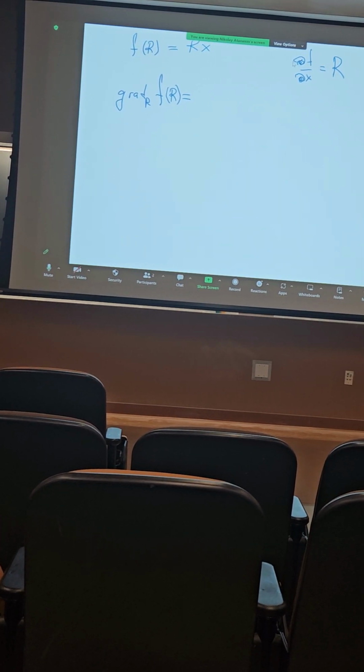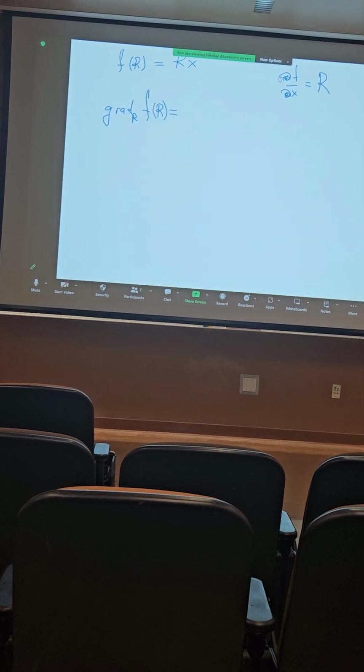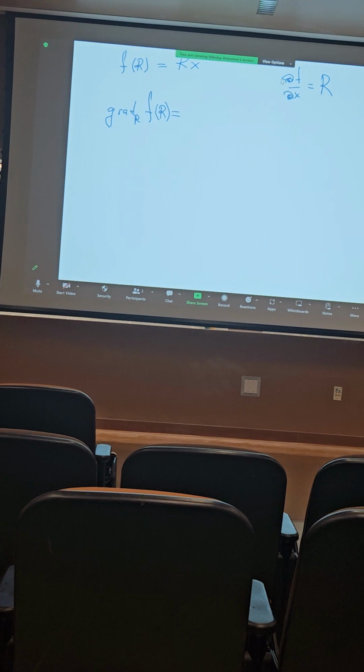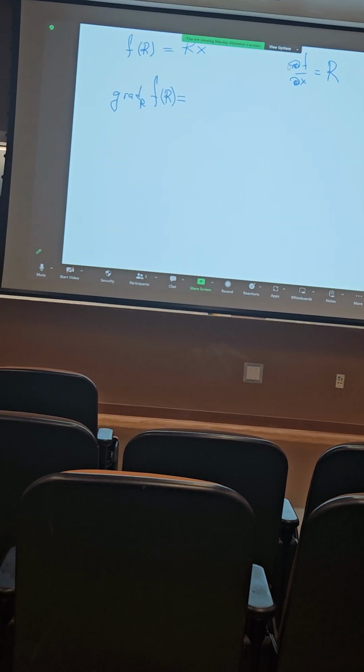What was our approach? Do you want us to do the perturbation method? Yeah, let's do the perturbation method. So what should we do? We're going to say R is equal to some R times an exponential of phi hat.